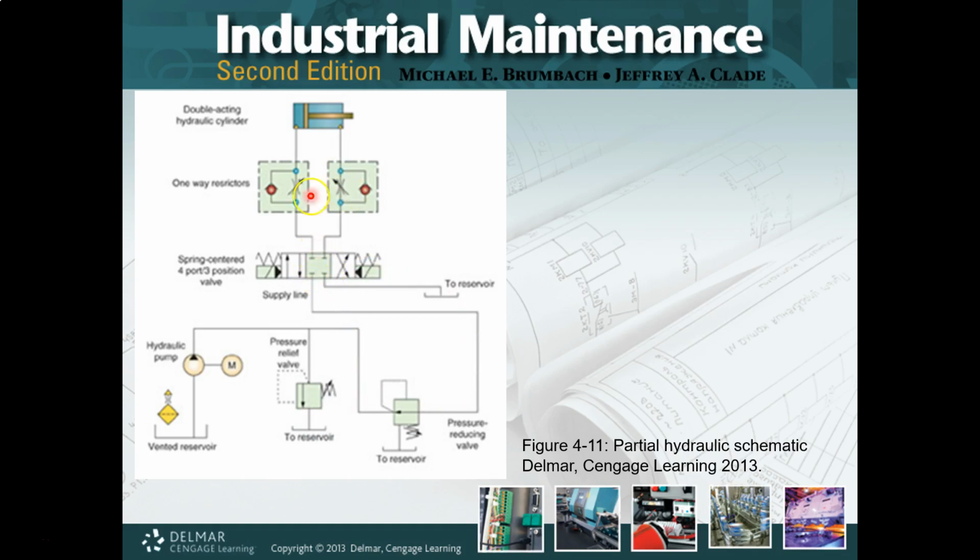And our control valve goes through restrictors and one-way valves, check valves, and then we've got a double acting hydraulic cylinder. So this could be a pick-a-process. It could be part of a scissor lift. It could be part of a ram system for doing, well, die manufacturing, so you're pushing out metals, that kind of thing.